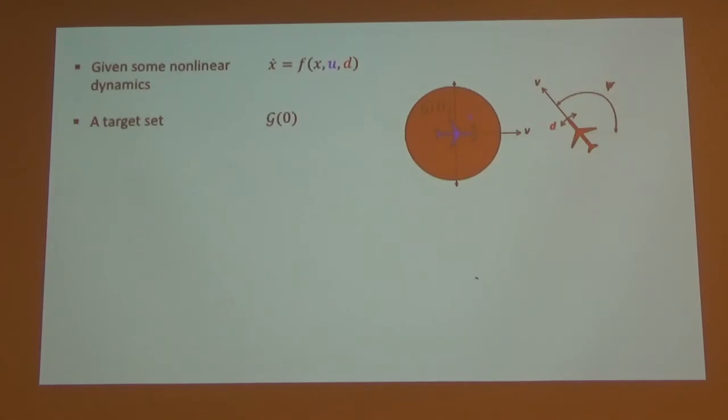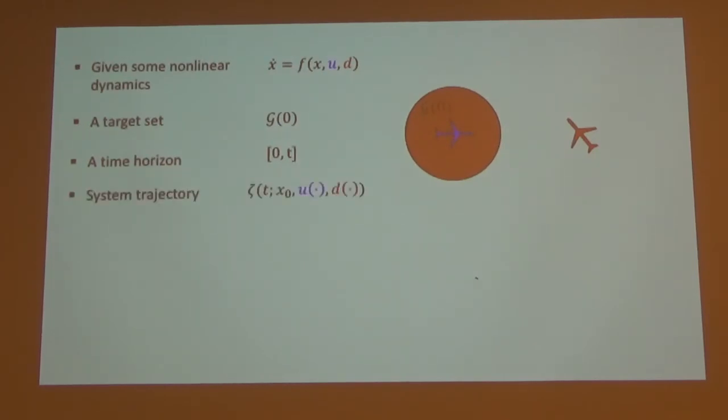So this would be the set of those states. And then we have a time horizon over which we want to compute something, which I will show in a second. And finally, the mathematical notation for system trajectory would be zeta, which essentially denotes the system trajectory starting from state x0, when the first aircraft applies control u and the second aircraft applies control d.